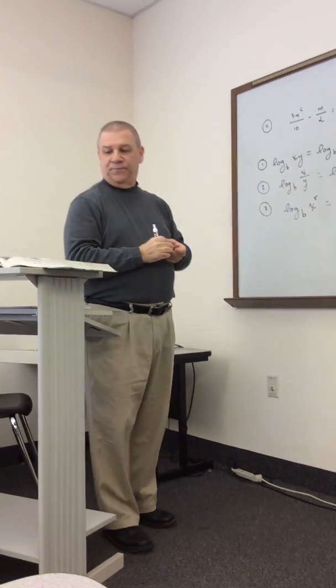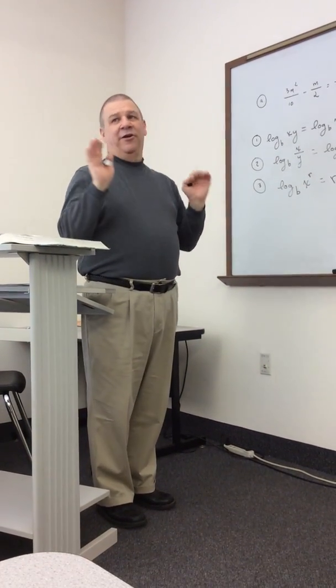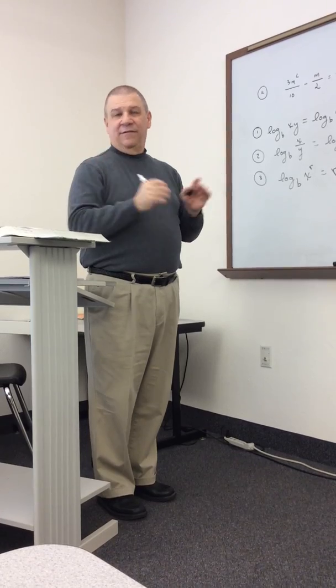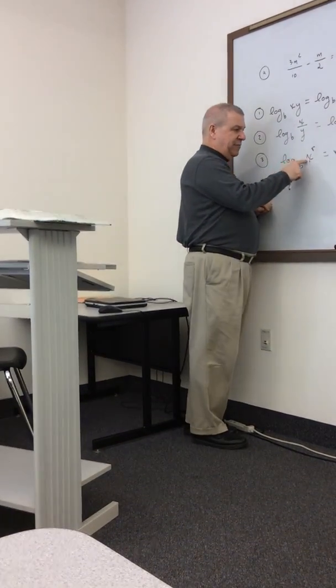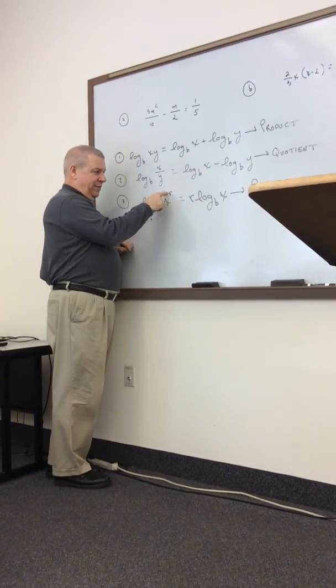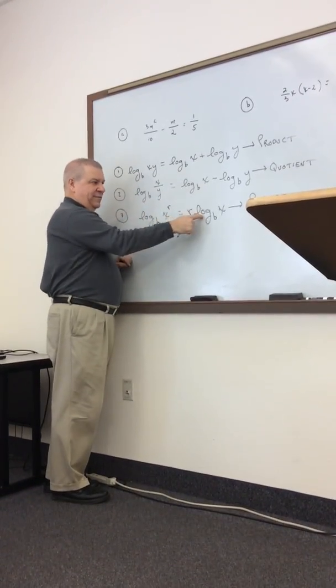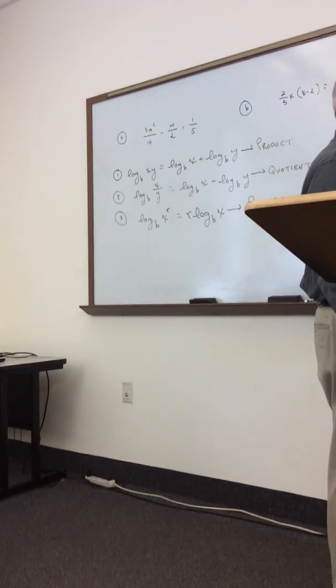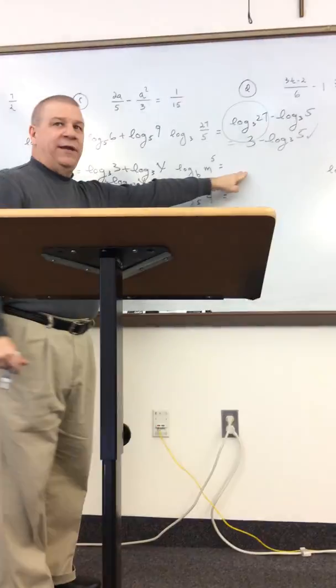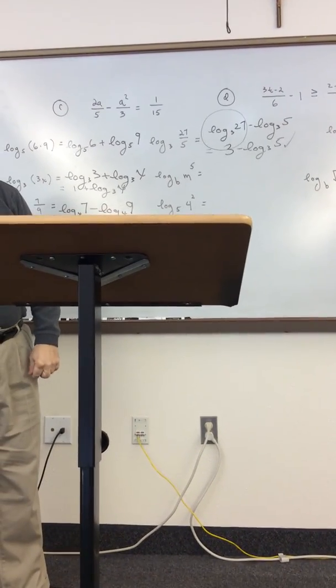Flip it over. All right, now this is going to go really fast. See this one here? When you have the log of something to a power, the power comes out in front times the log of the base. Oh, this is like a one-step problem. What's the log of m to the 5th to the base b? Well, just use the third one now.